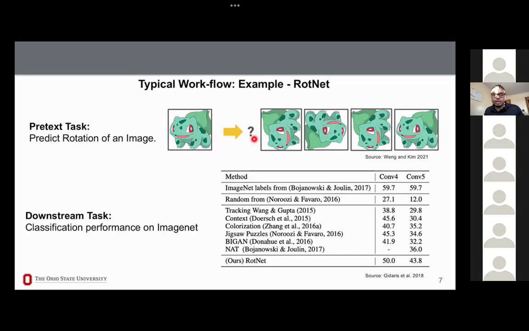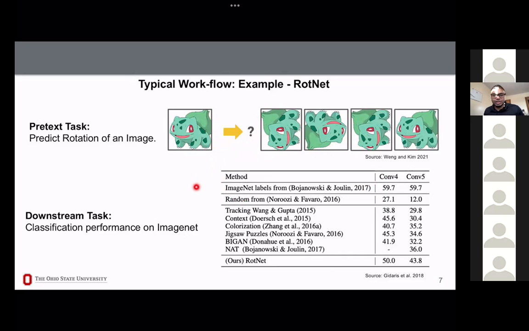So what we can do is give this rotated image and try to predict the angle of rotation. We don't require any labels or human annotations for such a task. And all the RotNet paper does is give these rotated images of different objects and predict what angle they have been rotated by.